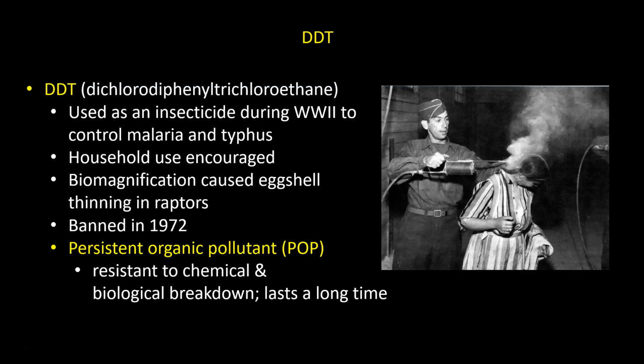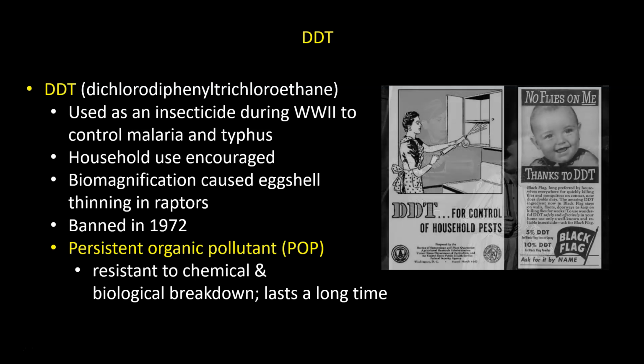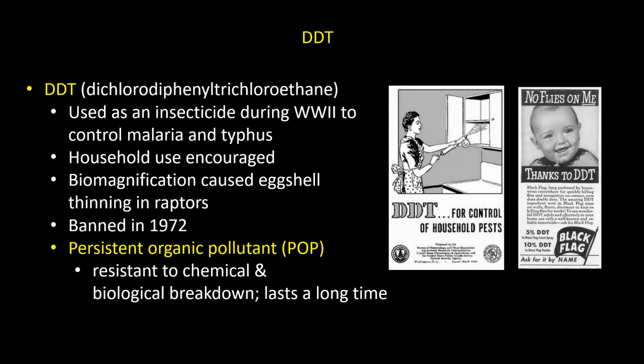It was used extensively in World War II to control malaria, a mosquito-borne disease, among troops and civilians. Mueller was given the Nobel Prize in Physiology for its discovery, and by 1945, DDT was available for public use, and its application in the household was encouraged.